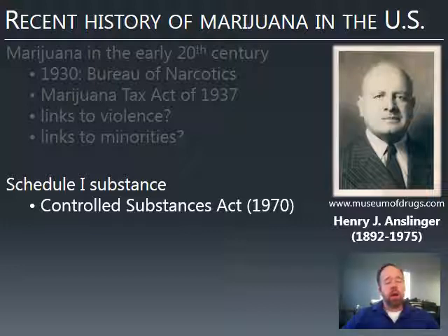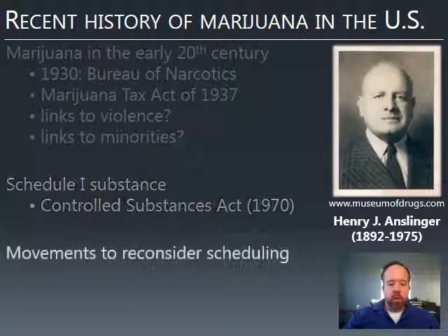So here, the Controlled Substances Act created these drug schedules where drugs are categorized in terms of their availability and their legality based on how harmful the drug is, how likely the drug is to be abused, and if there are any medical uses for the drug. And so marijuana is a Schedule I substance, which indicates that it has a potential for abuse, that it is harmful, and that it has no accepted medical use.